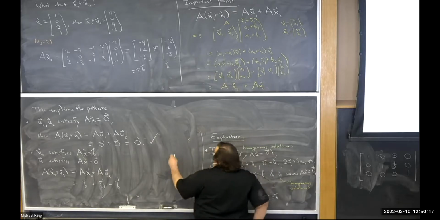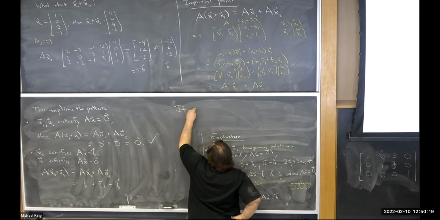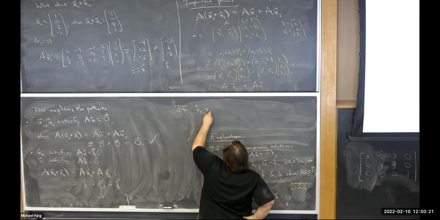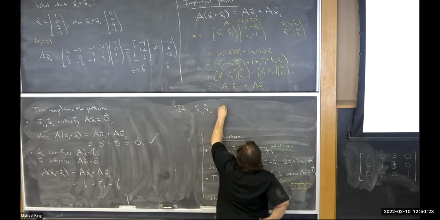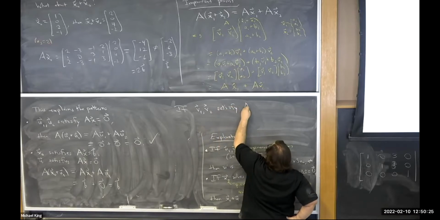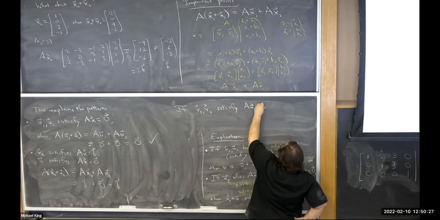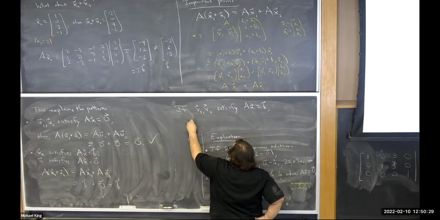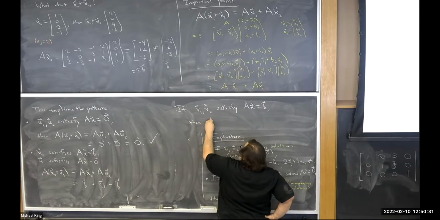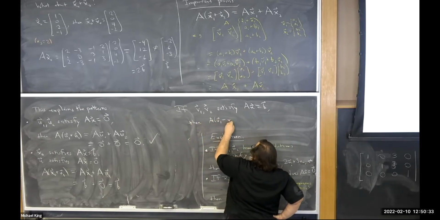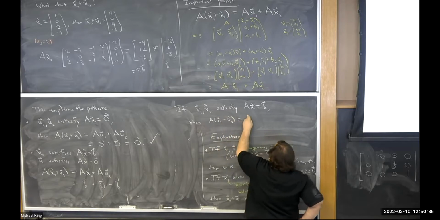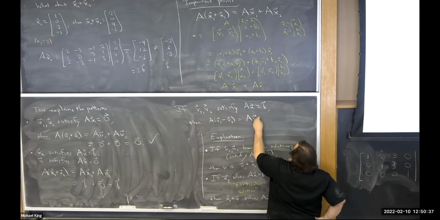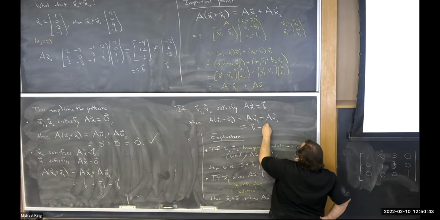And so also if V1, V2 satisfy AX equals B, then think about V1 minus V2. Then A times (V1 minus V2) is AV1 minus AV2, which is B minus B, which is 0.